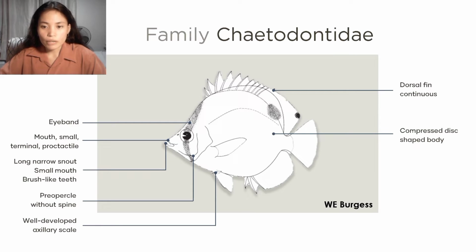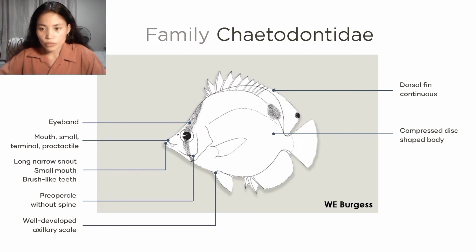The butterfly fish's appearance resembles that of a butterfly wing. It is a big, round, compressed dish-shaped body with prominent fins around the pelvis and the back. Its dorsal fin is continuous, which is known to provide defense against possible predators. As mentioned previously, this family got its name from the small rows of bristle-like teeth in its small mouth.